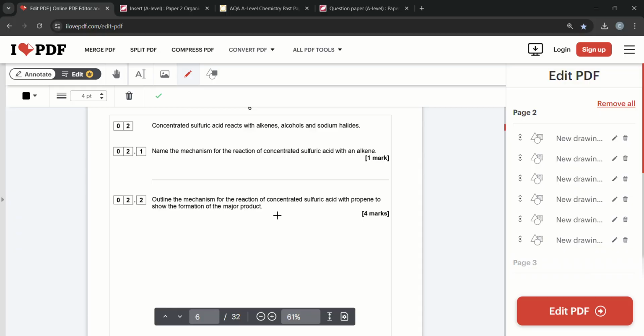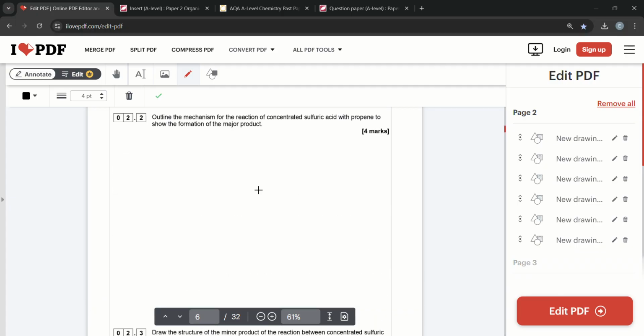Name the mechanism for the reaction of concentrated sulfuric acid with an alkene. That is electrophilic addition. Nice one, marker. Okay, now it says 2.2, 4 marks.